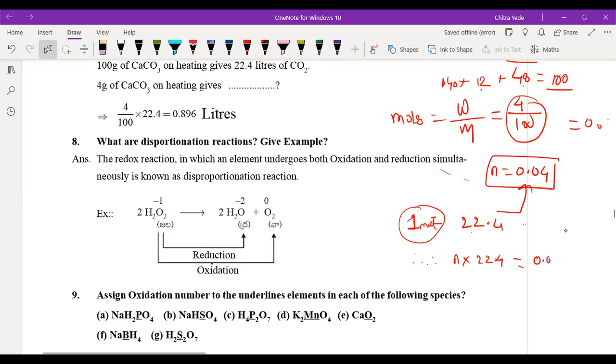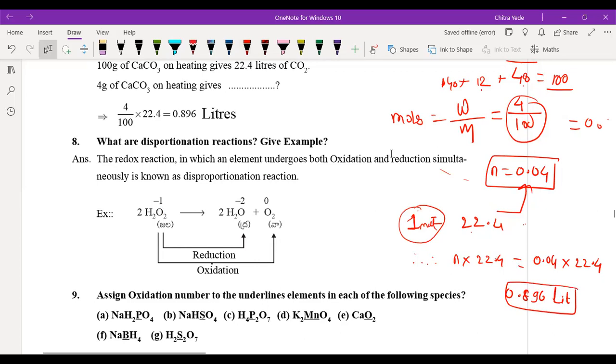So 0.04 into 22.4 will be 0.896, and it will be in liters.